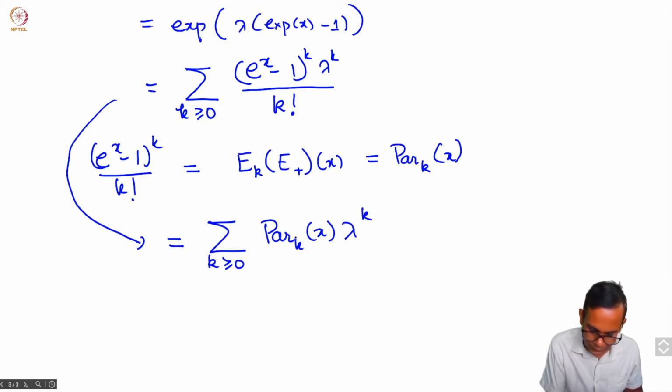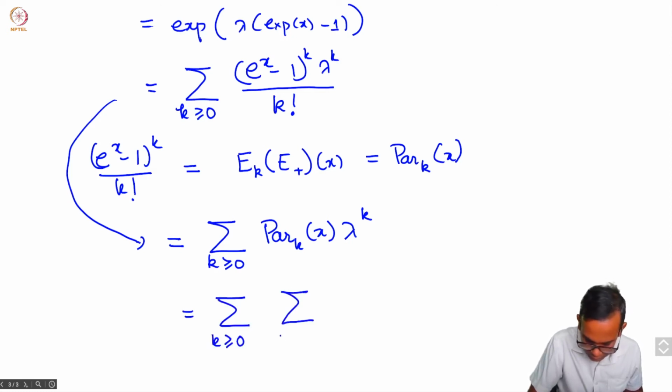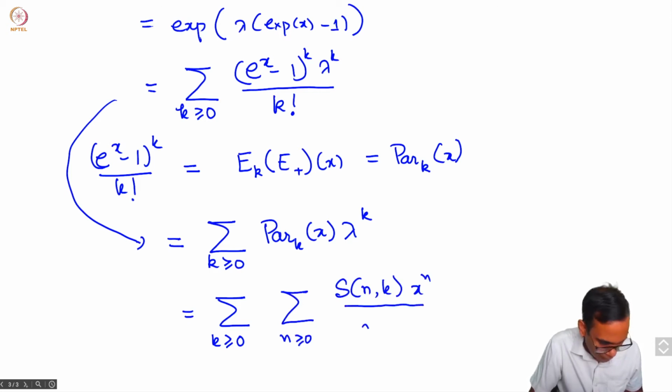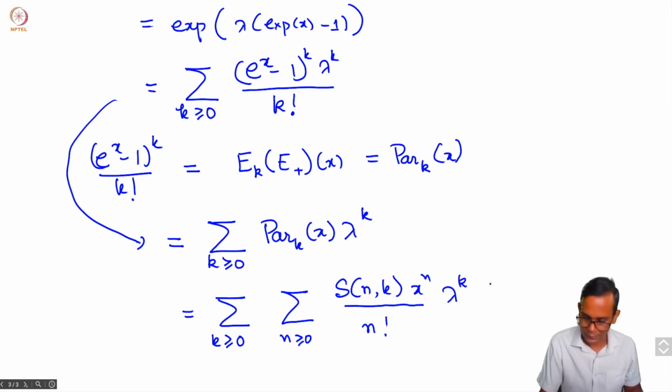But this is given by Stirling numbers of the second kind. So this is summation k greater than or equal to 0, summation n greater than or equal to 0, S(n,k) x to the n by n factorial times lambda to the power k.